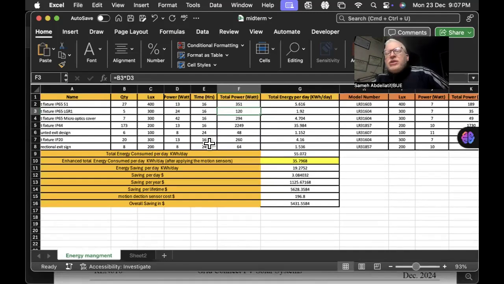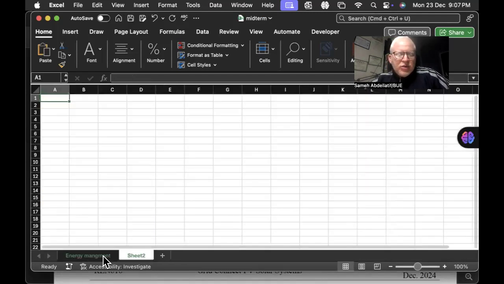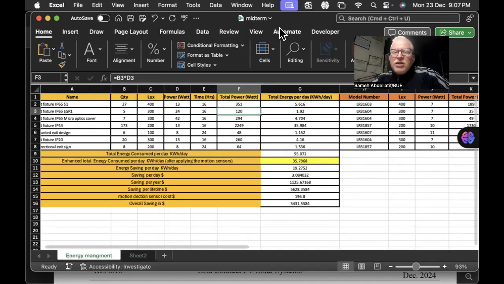Now we are going to proceed with, as I mentioned, the PV part. So I'm going to create a new sheet here where I'm going to start the PV on-grid sizing steps. So let's start these steps together.